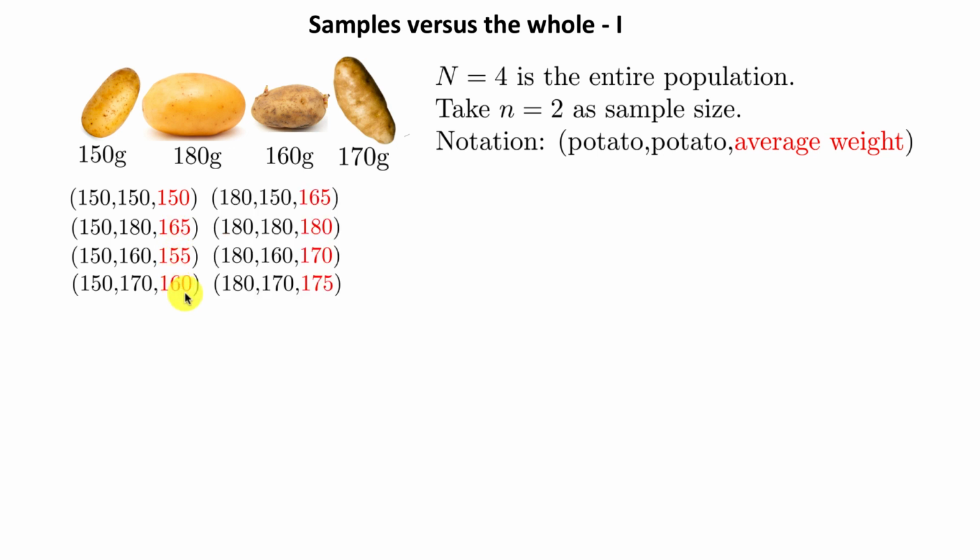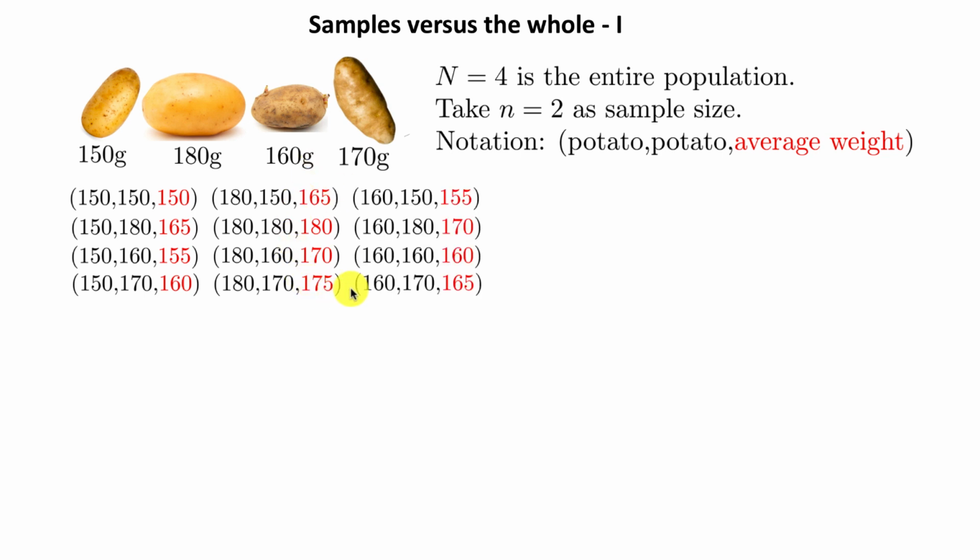Then let's look at the other possibilities. So I could have picked up the second potato, in which case this would be 180, and then the next potato that I pick up could be 150, 180, 160, or 170, and these would be the average weights over there.